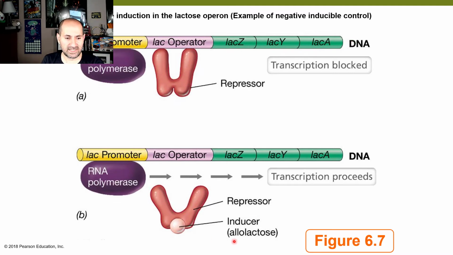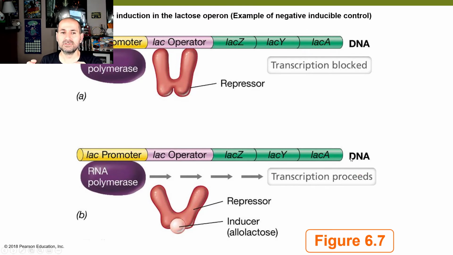However, when there's allolactose around, a form of lactose that's synthesized by beta-galactosidase, the inducer allolactose binds to the repressor and inactivates the repressor. This turns on or induces gene expression, right?